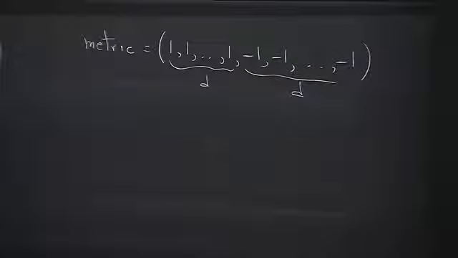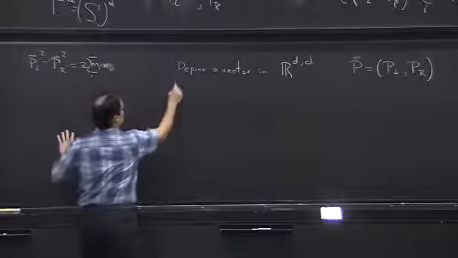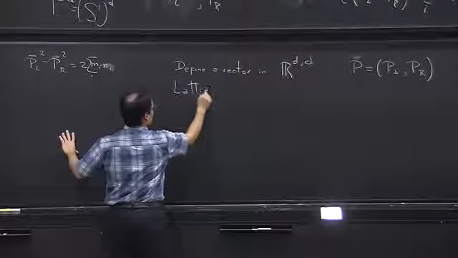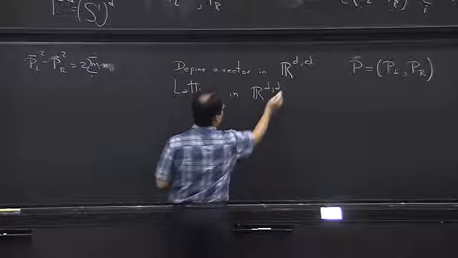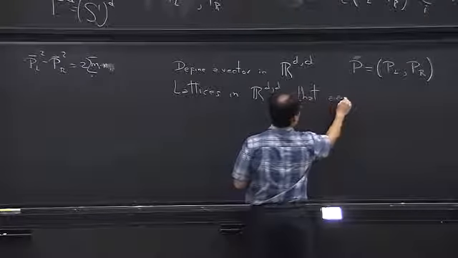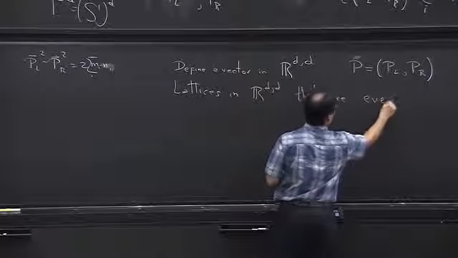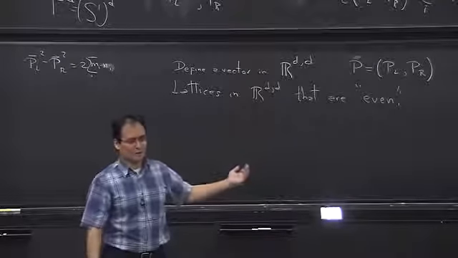So consistent compactifications will correspond to lattices in R^{D,D} that are even. Well, what's the meaning of even here?